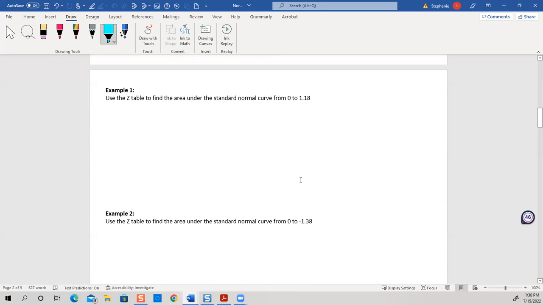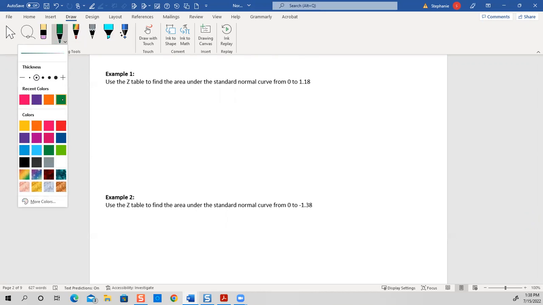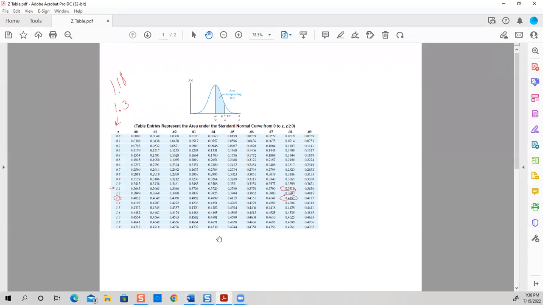So let's do example 1. Example 1 is telling us to use the z-table to determine and indicate these values. We're going to find the area under the standard normal curve from 0 to 1.8. So I'm going to pull up the z-table, and we want to find where z is equal to 1.8.